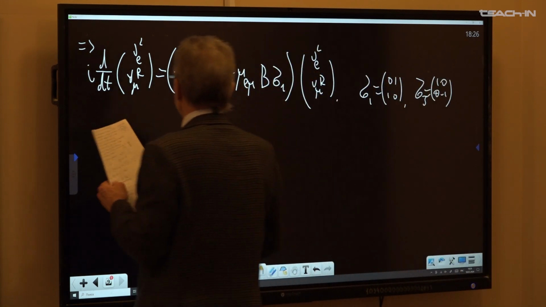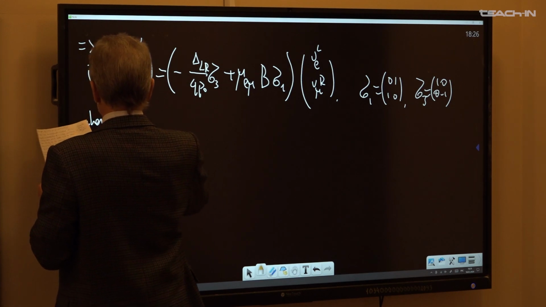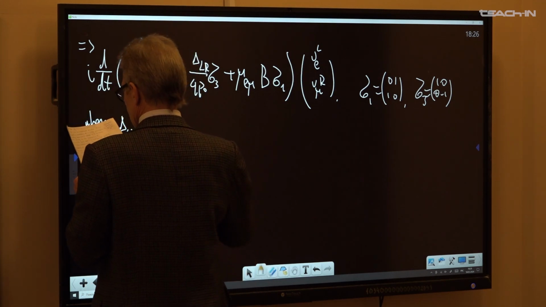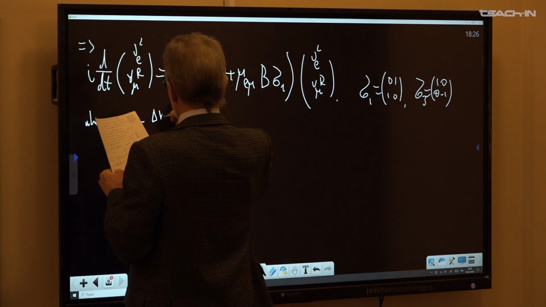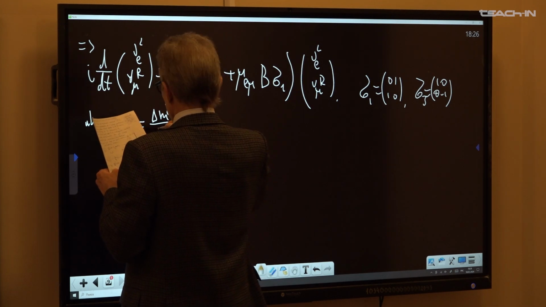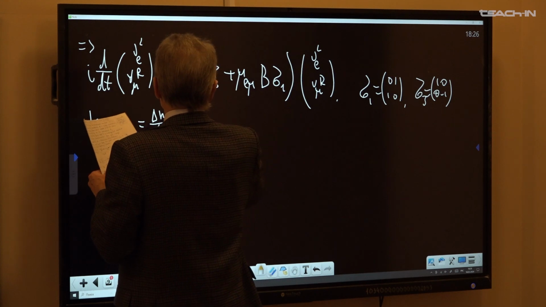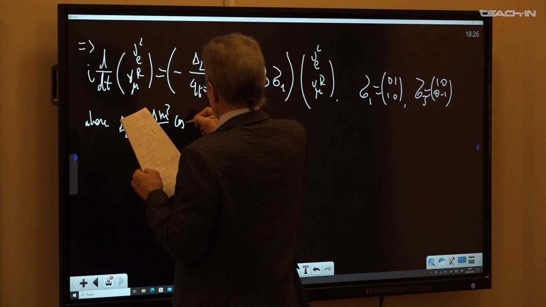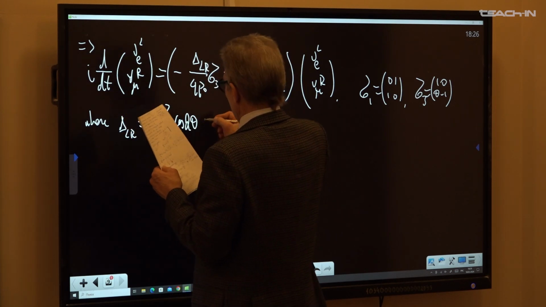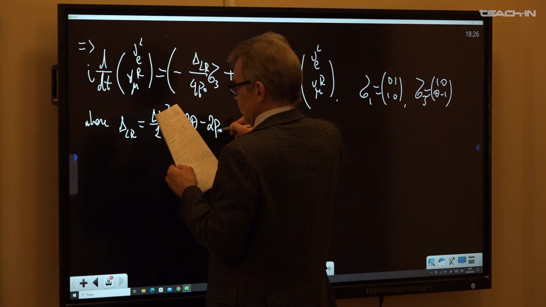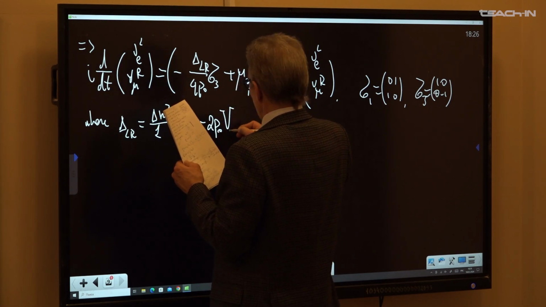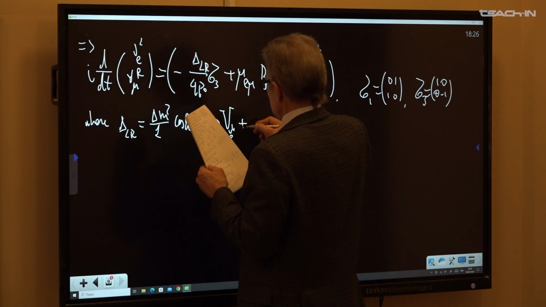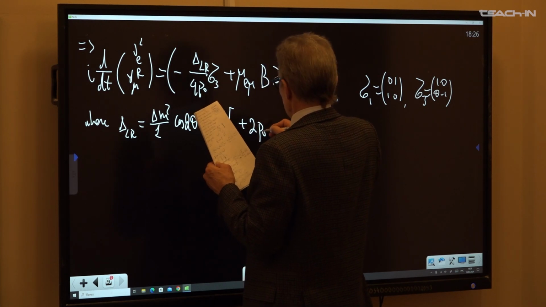Where delta LR equals, we introduce this notation, mass square difference divided by 4 energies, cosine double theta, minus 2 energy of neutrino, potential of electron left neutrino, plus 2 energy multiplied by phi dot.